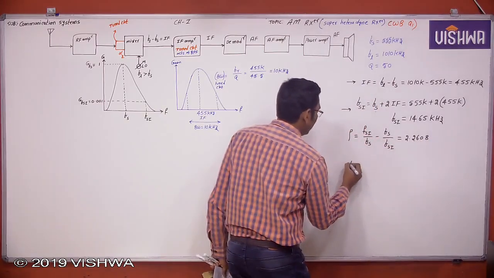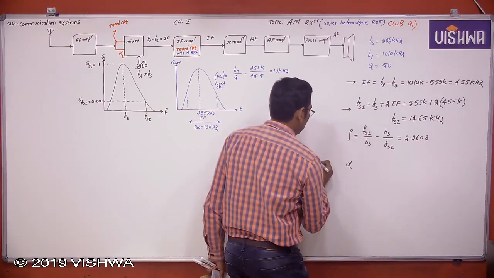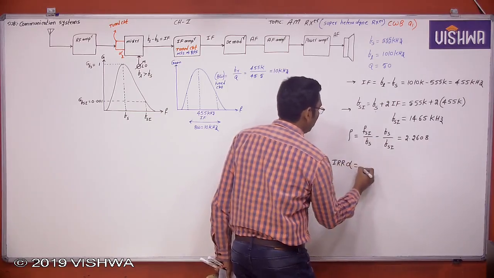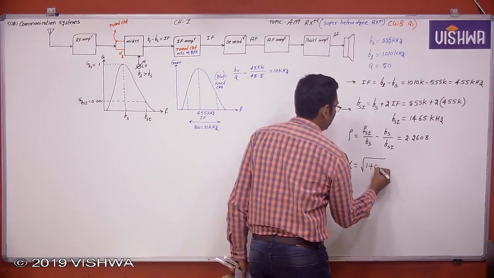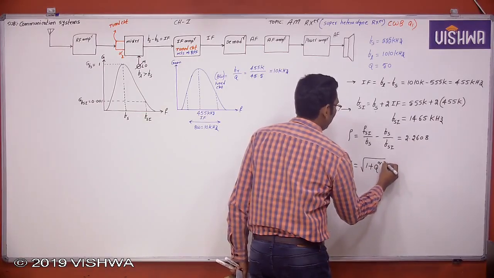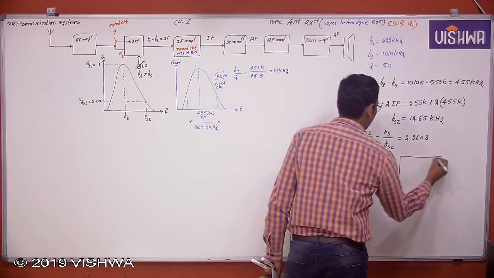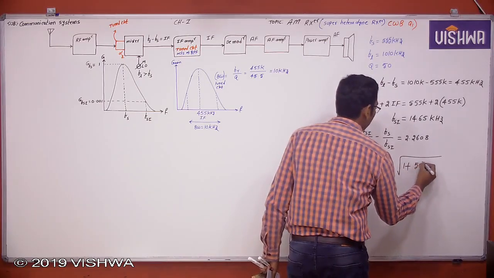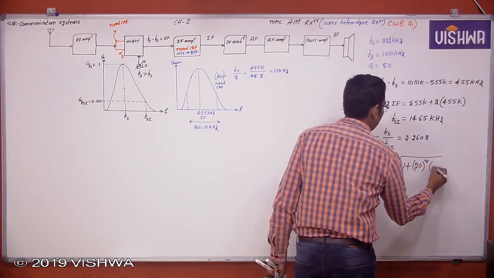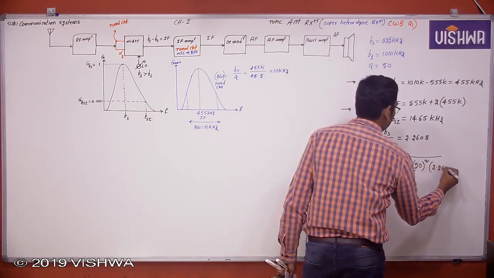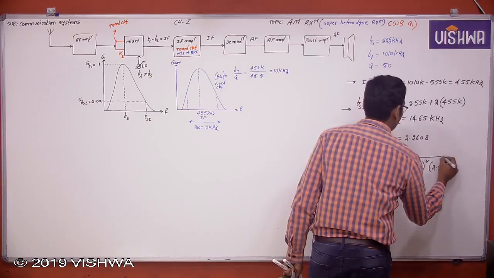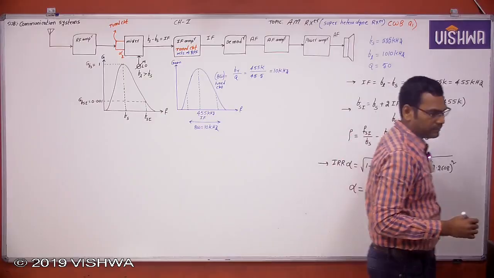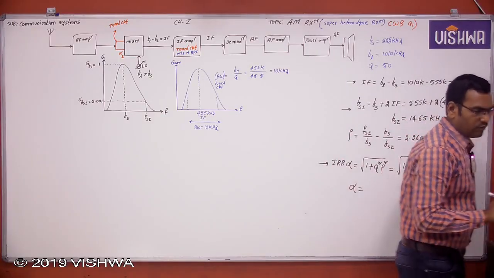The image rejection ratio alpha is equal to square root of 1 plus Q square into rho square, which is square root of 1 plus 50 square into 2.2608 whole square, and we get 113.